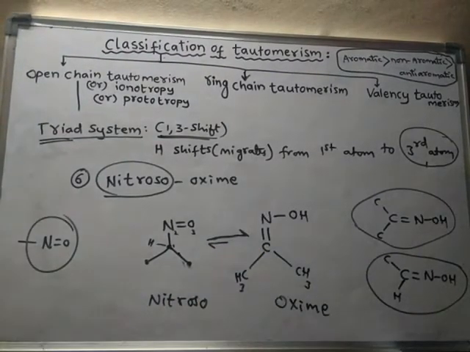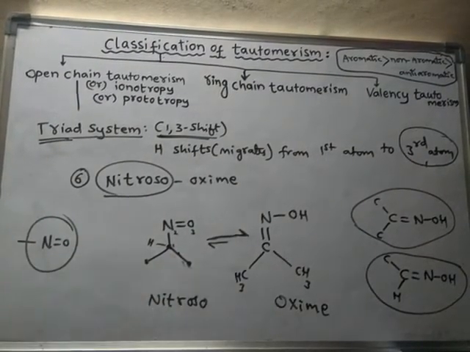Right. These points are very important in competitive exams. They may ask which form of this triad system, either nitroso or oxime, is more stable. So we should be able to immediately recall that oxime is more stable than the nitroso form.